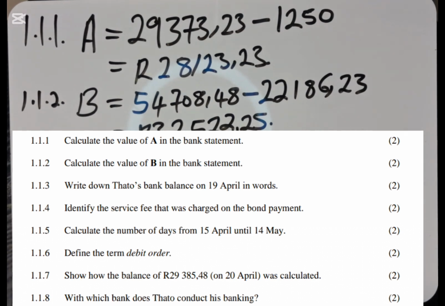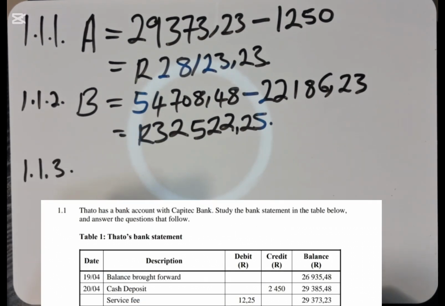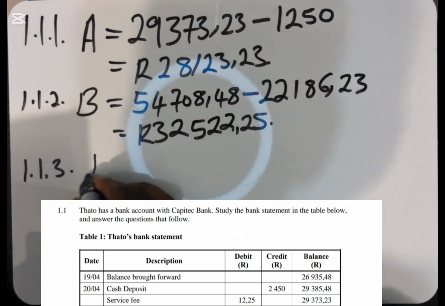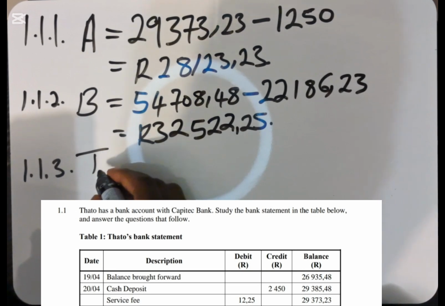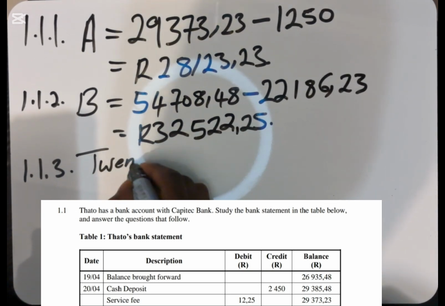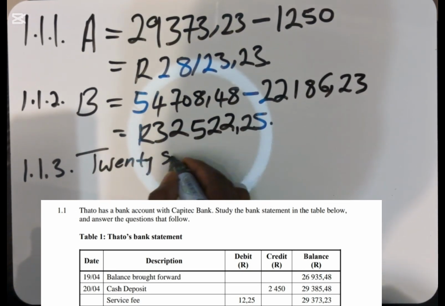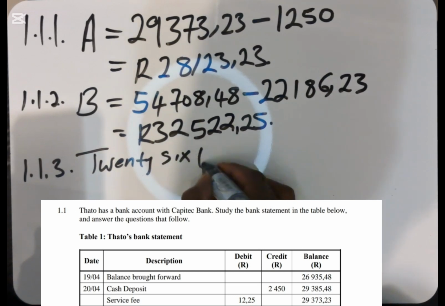So we go to the 19th of April. Here we have 26,935 and 48 cents. You must be able to write this.